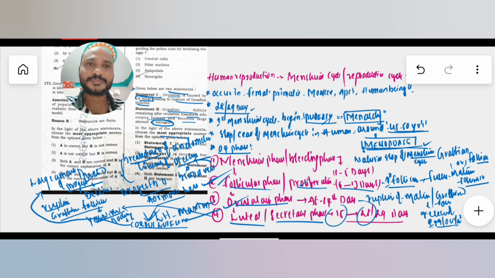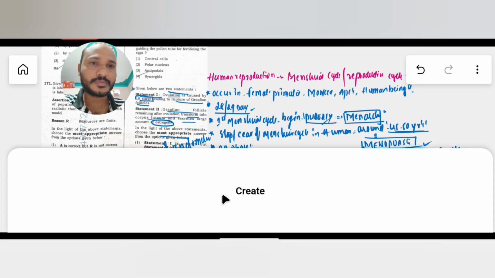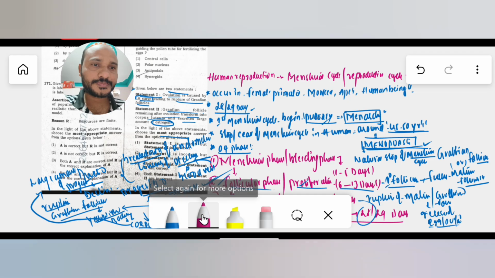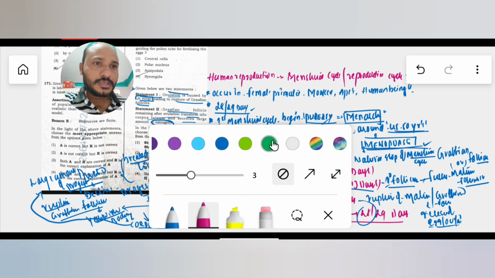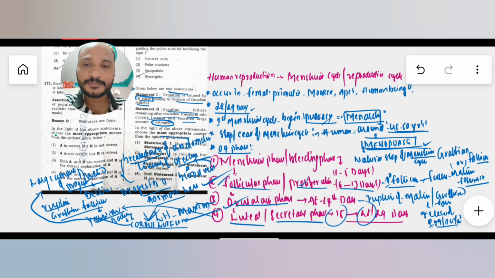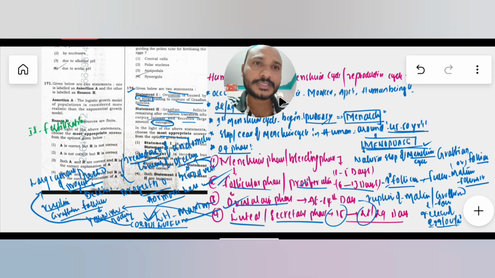Fine. If there are two conditions here, we need to remember, very important, two conditions. Here I am writing: if fertilization occurs, what happens, we will see. If fertilization occurs, pregnancy starts.